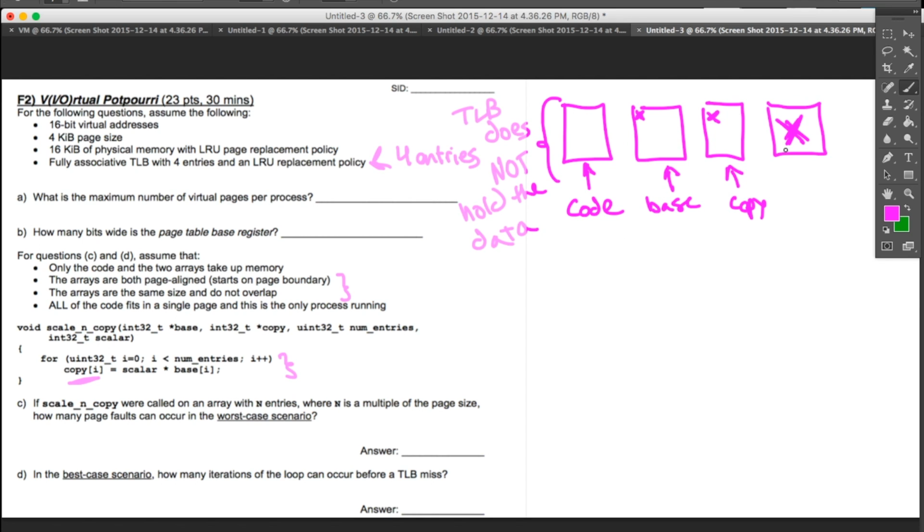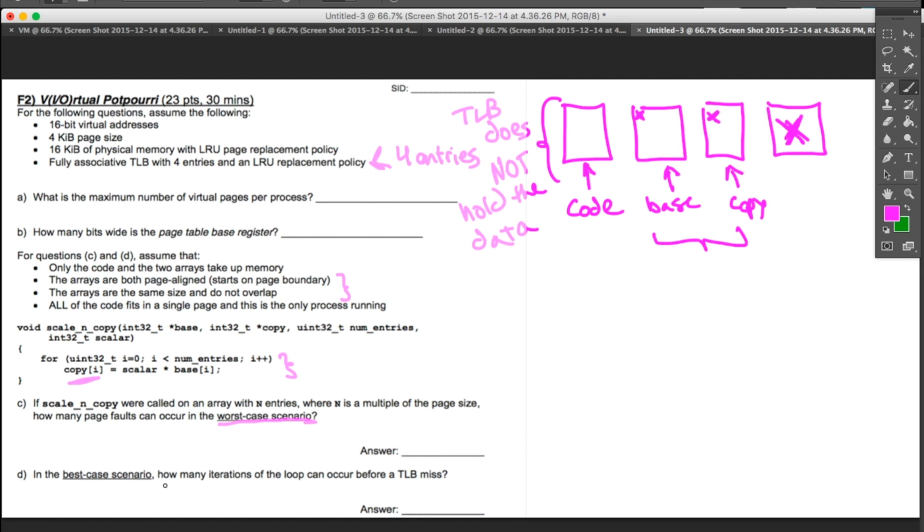If we have the next page dedicated for the next n elements of base, we can't have another page dedicated for the next elements of copy, because we've already breached our capacity of 4 entries. So at any given point, there are going to be 2 pages dedicated for copy and base, for the values we're trying to read. So in the worst case scenario, how many page faults can occur?